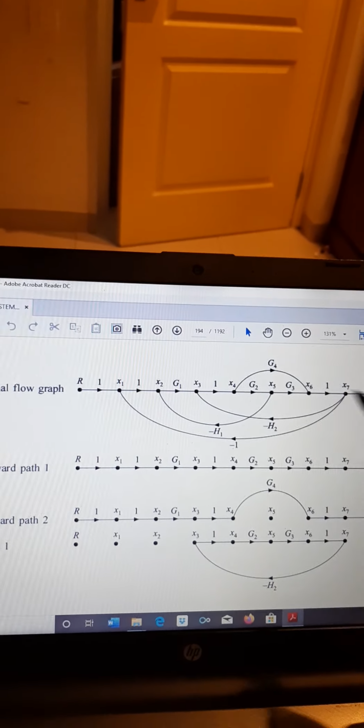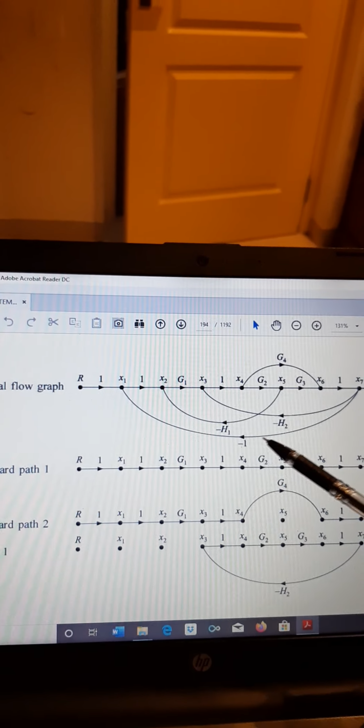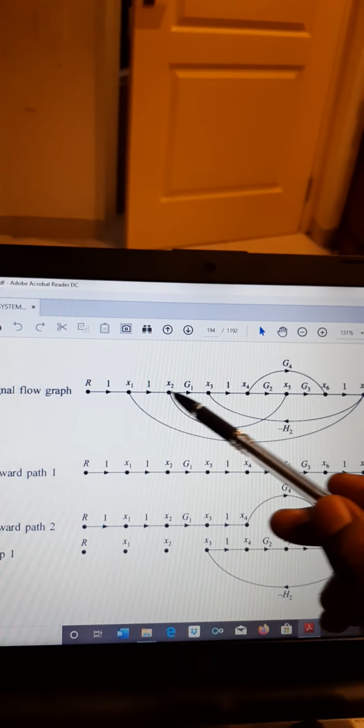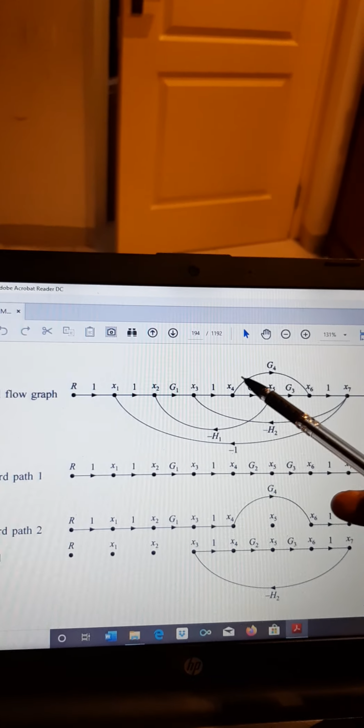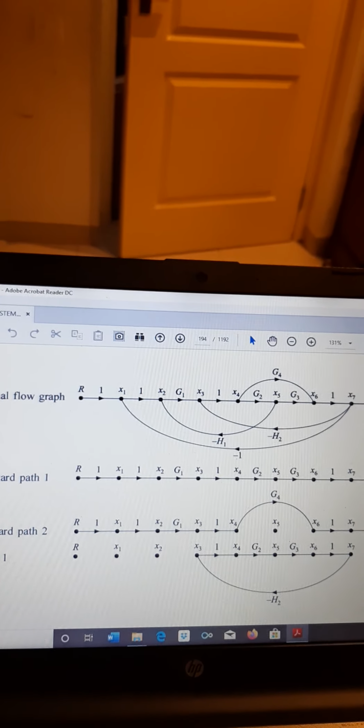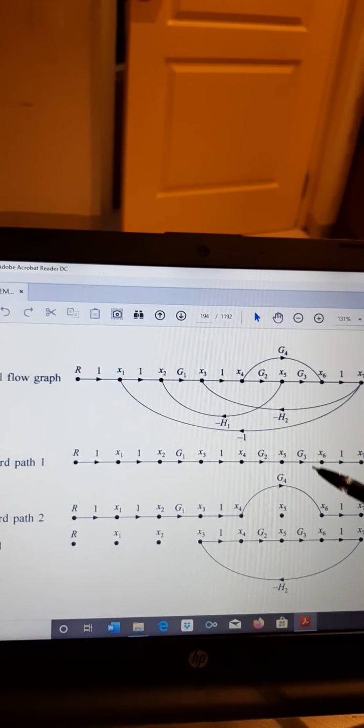When you are looking at it, one is very straight. Here the arrow is opposite, it is also opposite, here also opposite. But here again it is forward. So you can have one like this and another like this. So you are having 2 forward paths, represented here.